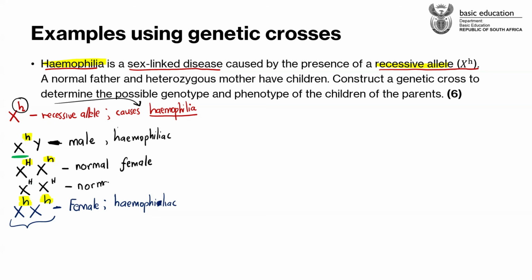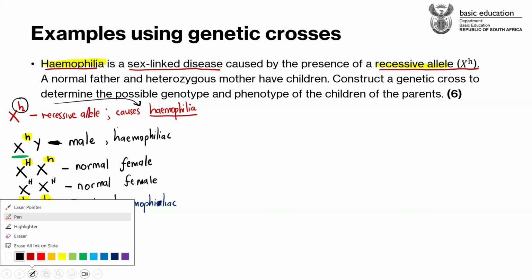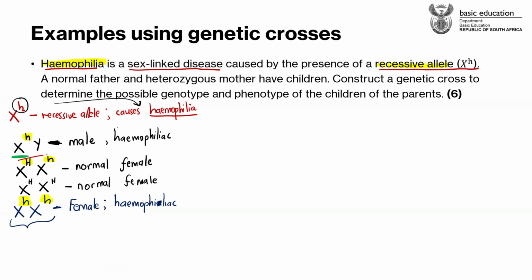But what is the difference between the normal female that I have here and the first one that I have here? The first normal female has a capital letter H and a small letter h. And I told you guys that the small letter h is causing the genetic disorder. So in other words, although this female is normal, why is she normal? Because the dominant allele is the one that is always shown in the phenotype.